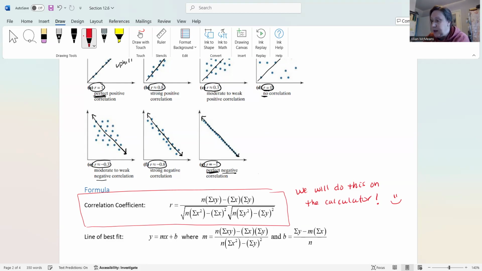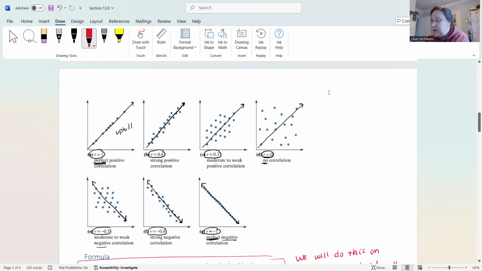Okay. Now, one more thing before we dive into the next step. So notice here we have all of these lines. I drew these lines. This leads us to something called the line of best fit, or the regression line.